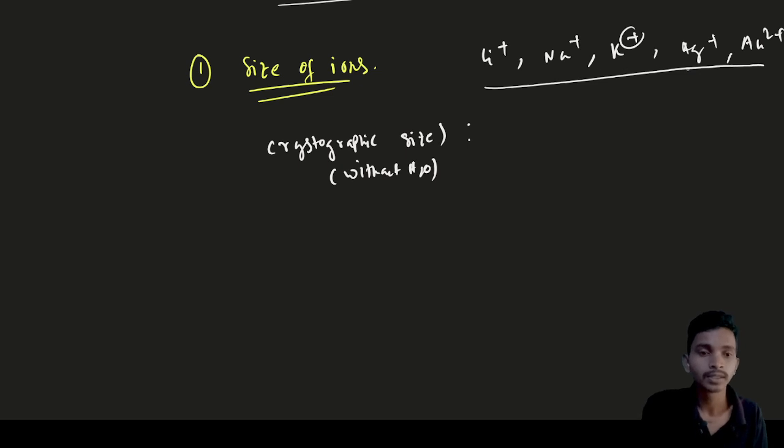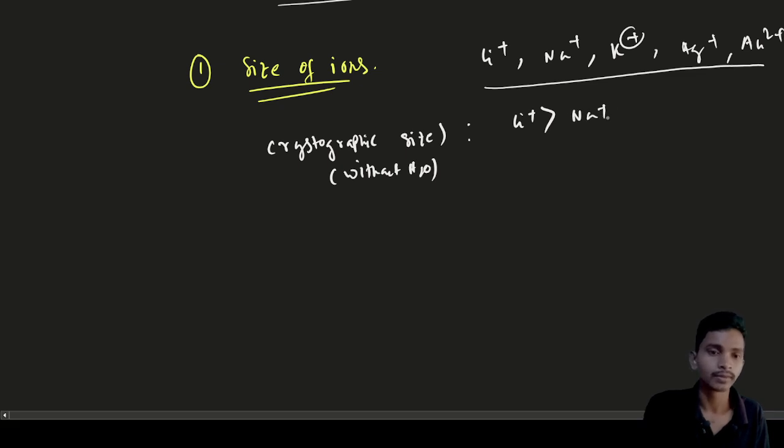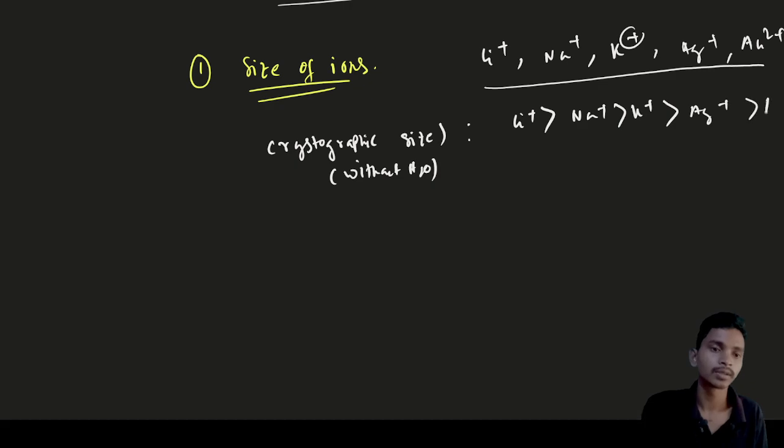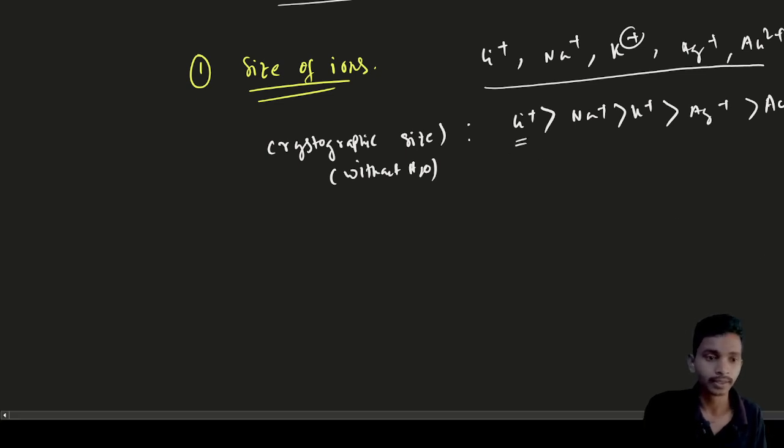So from top to down size increases, meaning for crystallographic size Li has the smallest size, then Na, then K plus, then Rb. Okay, this is the crystallographic size. So this size is very small.